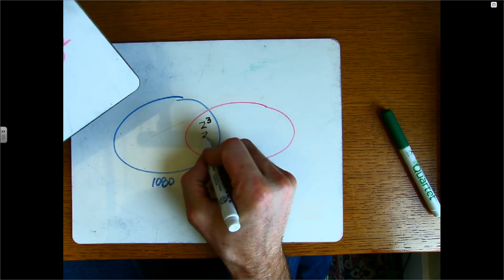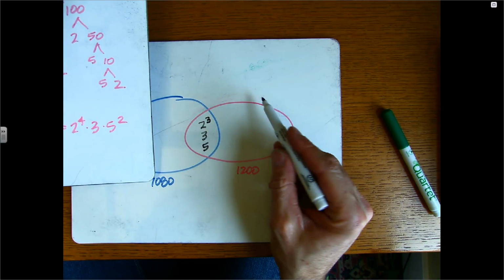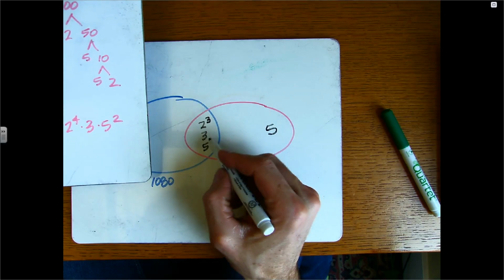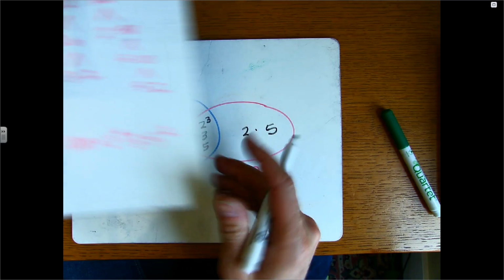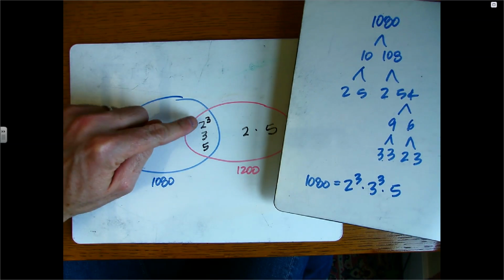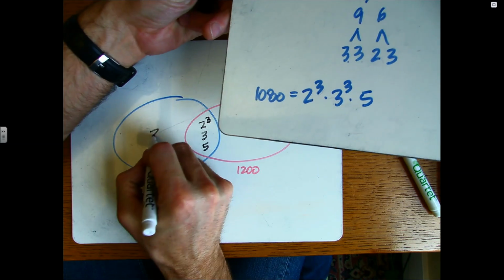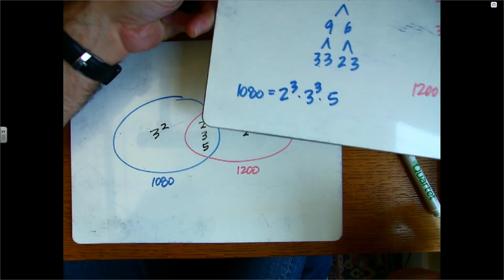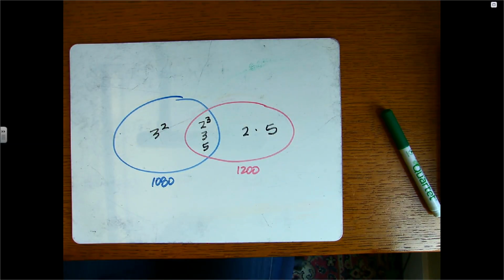So a 3 and a 5. Okay, to fill out the red number, I need 1 extra 5. I got the 3, and I need 1 extra 2. To fill out the blue number, let's see, I've got 2 to the third, check. 3 to the third, so that means I need 3 squared here. And then 5, check. So this is the way the two numbers compare in terms of their overlap.